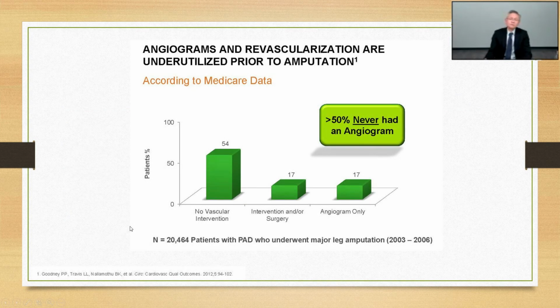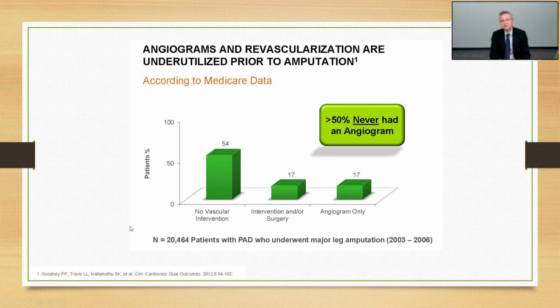So let's look at the standard of care in the past. This is the data from Medicare. And as you can see, in the past, among all these 20,000 patients that underwent limb amputation, only 17% of them had vascular evaluation with angiogram.